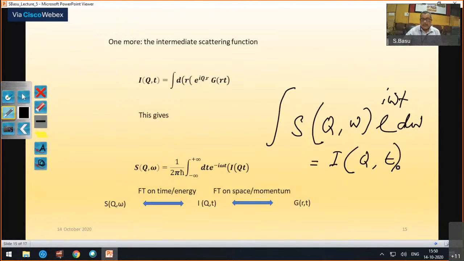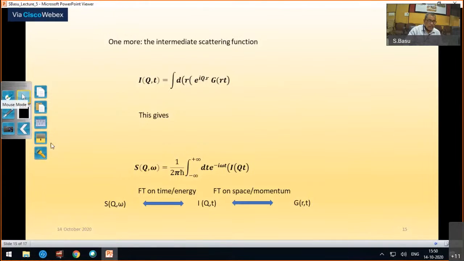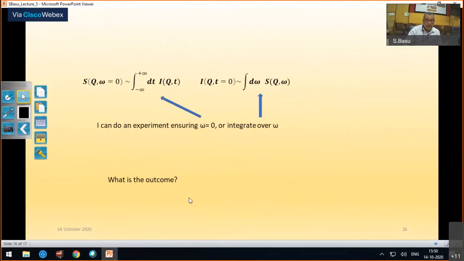I of q,t is nothing but the Fourier transform of the real space information as a function of time. That r has been replaced by t. So I have two Fourier transforms. One over omega, one over t.